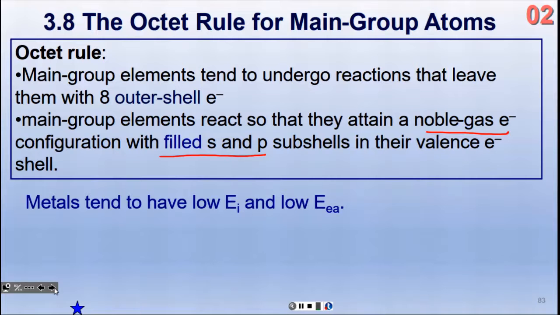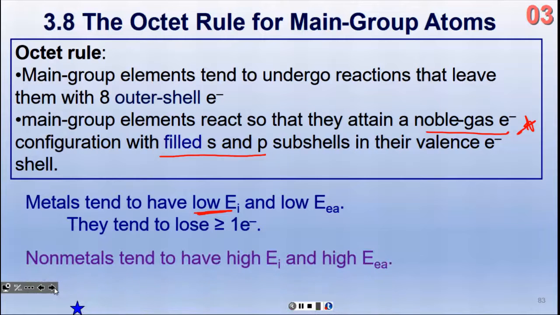They have low ionization energies. They lose electrons easily, and they have low electron affinities. They don't gain electrons readily, and so they're going to tend to lose at least 1 electron. That's what they do, and they end up with that noble gas electron configuration because of their low ionization energies and poor electron affinities.